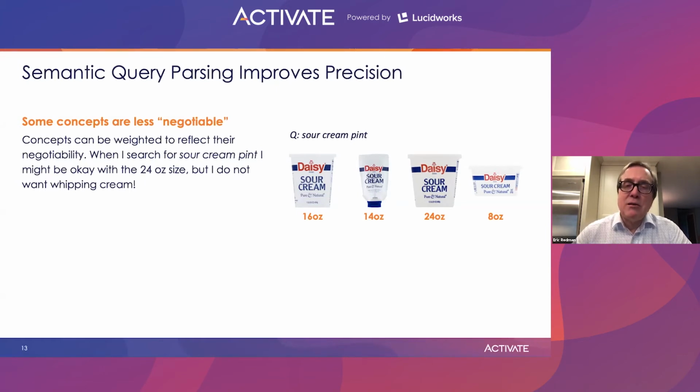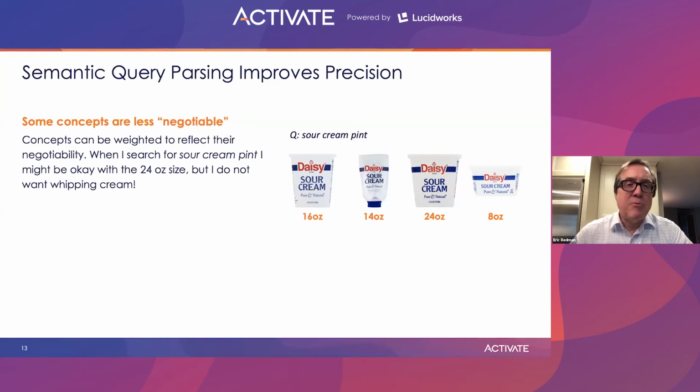But maybe the pint concept, which is, of course, a volume concept, maybe that's negotiable because if you're out of the 16-ounce sour cream, I could get 2 8-ounces or get the 24-ounce and try to figure out what to do with the leftovers.